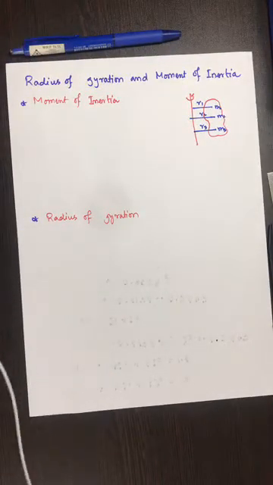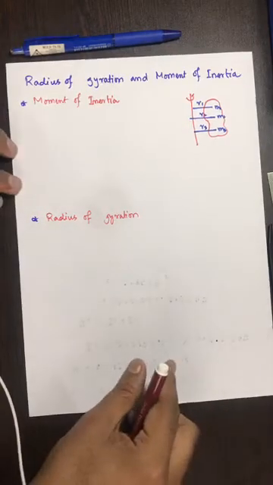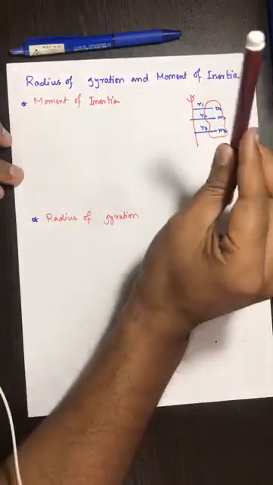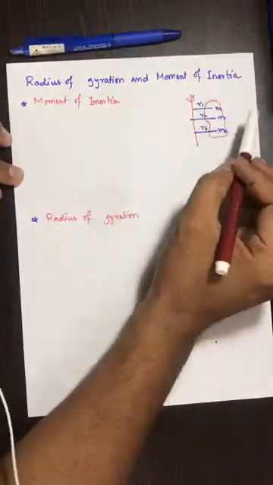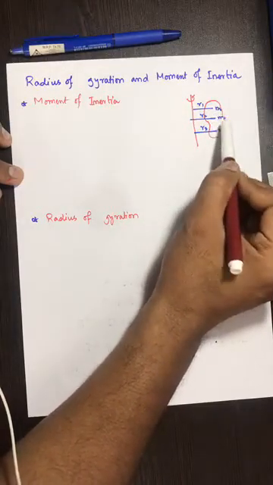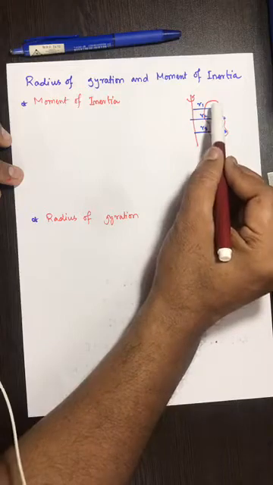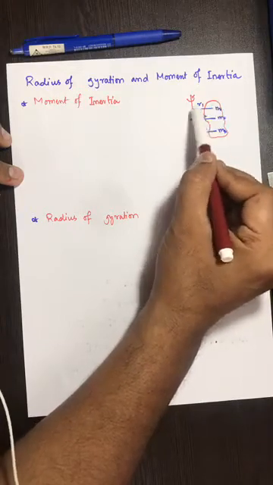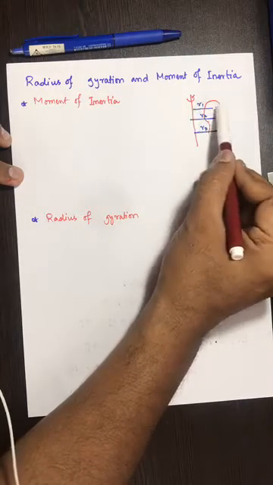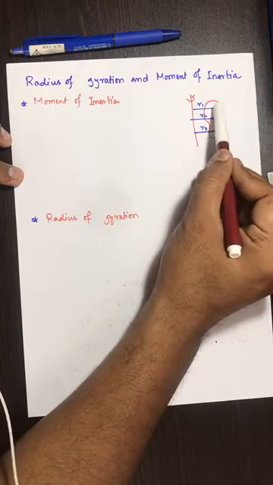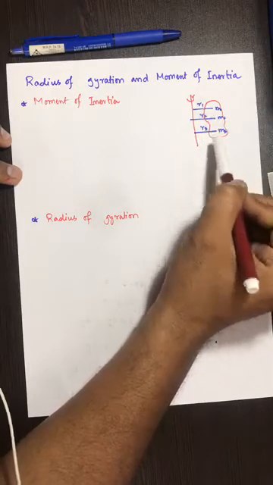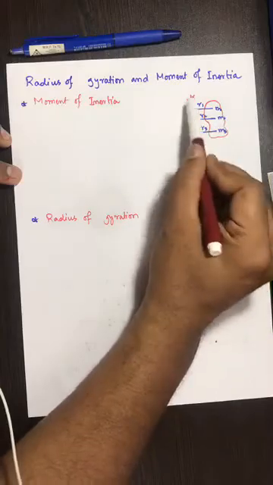Radius of gyration and moment of inertia. Moment of inertia means if an object moves about an axis, at every point there is a mass. The object is made up of lots of atoms and molecules, and at every point there is a mass at a different distance from the axis. Suppose one point has mass m1, another m2, another m3. Each has a different distance from the axis.